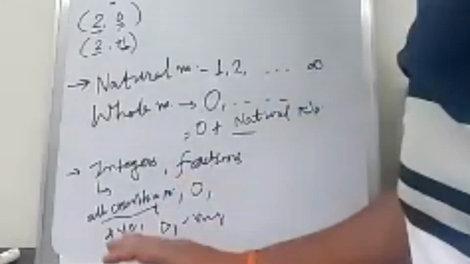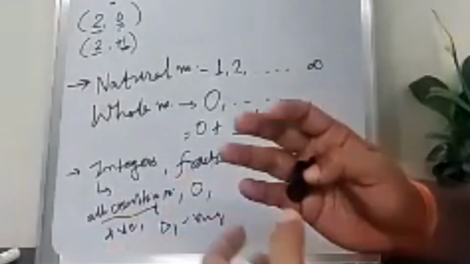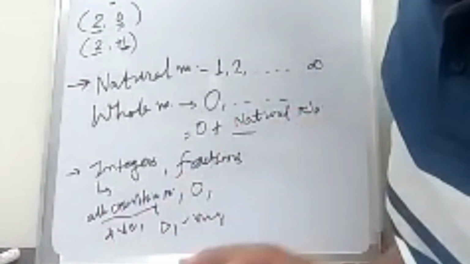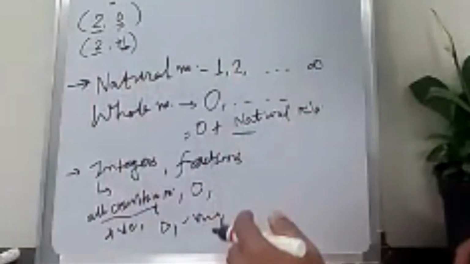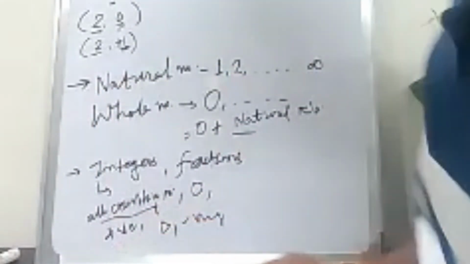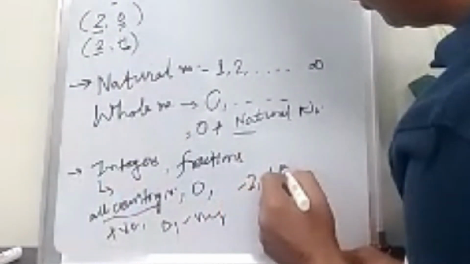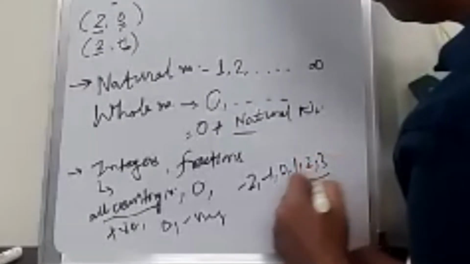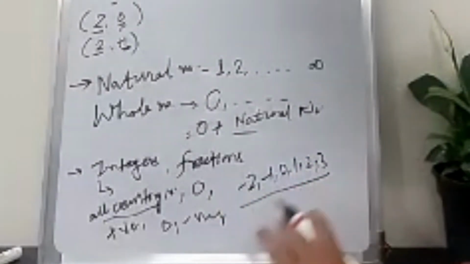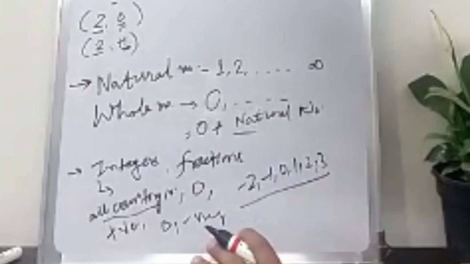So integer always basically talks about the entire universe, right? But there will be some fractions also. अभी integer में क्या होता है कि completely -2, -1, 0, 1, 2, 3. ये सब fractions नहीं होते, ये सिर्फ complete digit होते हैं, right?